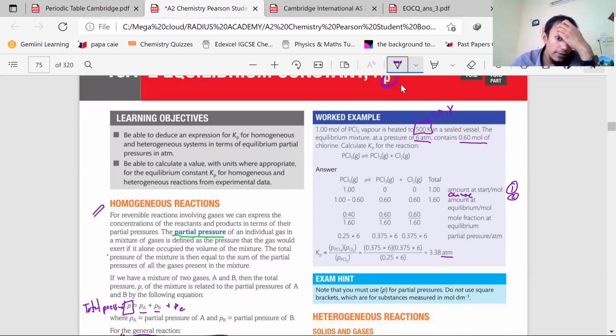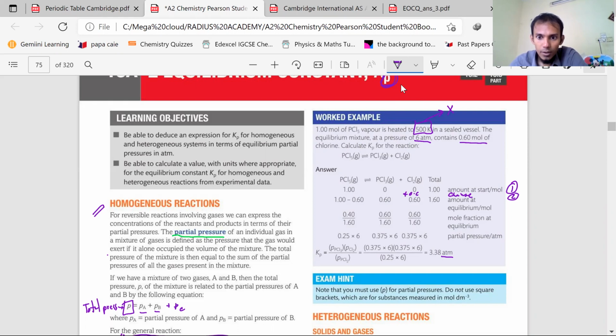What is the change? They have said the equilibrium mixture contains 0.6 mole of chlorine. So at equilibrium, chlorine remaining is 0.6 mole. If it is 0.6 mole, you need to understand where it came from. So the change will be positive 0.6 mole, right or wrong? 0 plus 0.6 is equal to 0.6.